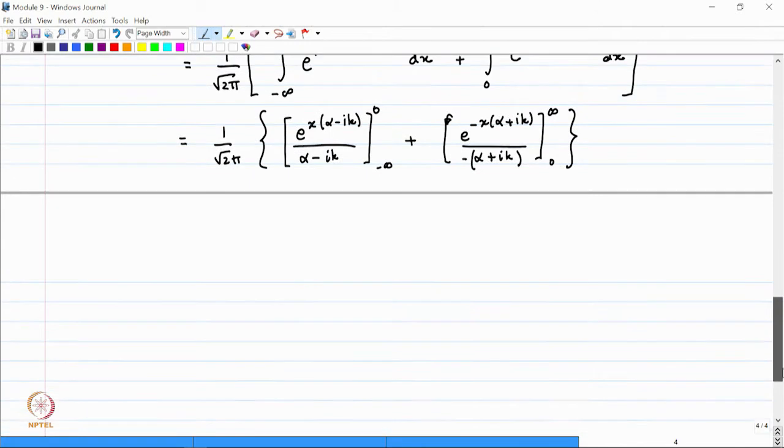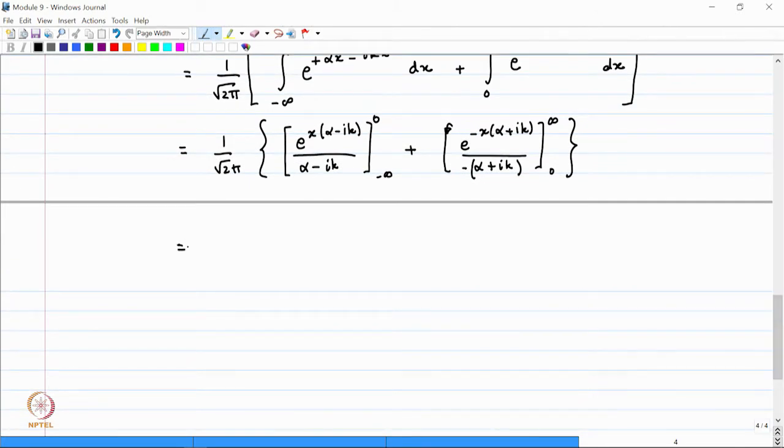So now we can put the limits, and we can go ahead and calculate. When x equal to 0, this becomes 1, so I just get 1 over alpha minus I k. Now when x goes to minus infinity, this is e to the minus infinity, which is 0. So you will have 0 minus 1 over minus of alpha plus I k.